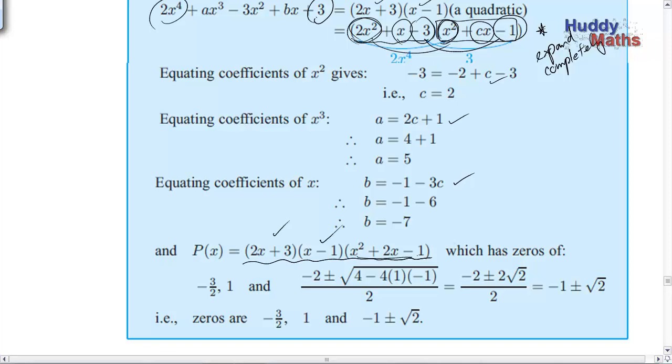We can now work out that undetermined quadratic factor, and then we can do the zeros and find the zeros coming from this one, which is going to be the formula for the roots of a quadratic again, this one here. So the zeros are that, and they would be the points where the function is 0, the x values that make the function 0, which of course is where it would cut the x-axis if you're looking at it graphically.